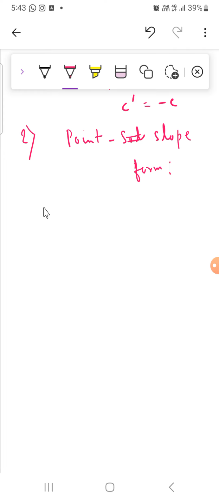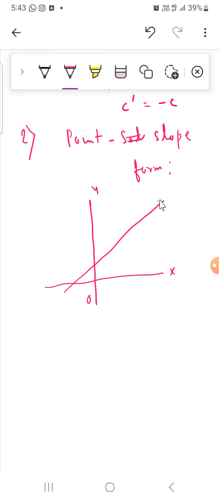So here if we take again a Cartesian plane, x-axis, y-axis, the origin O, and this is the straight line. Here a general point we are taking P with coordinates x, y, and another point Q which is given. This is x1, y1, it is fixed.